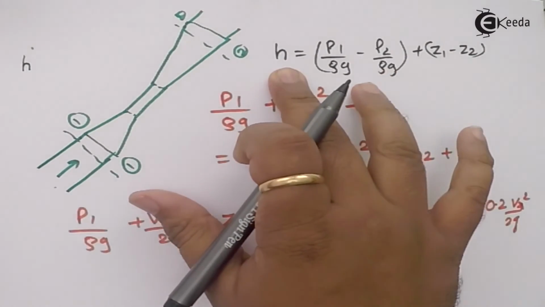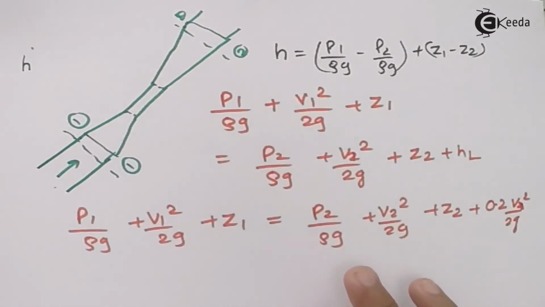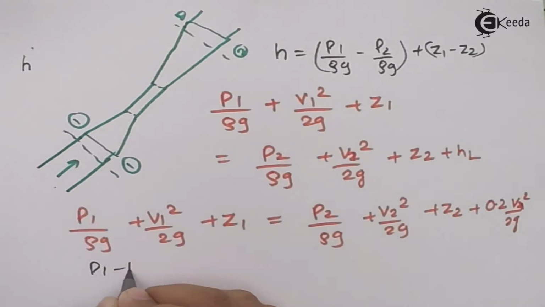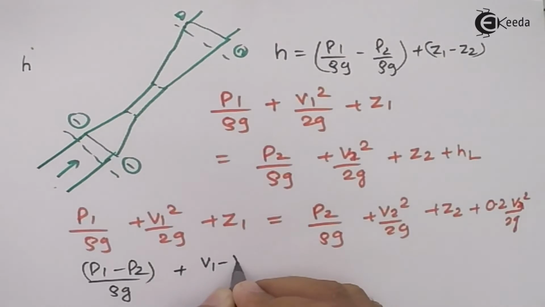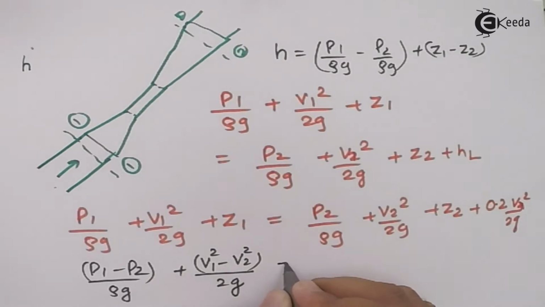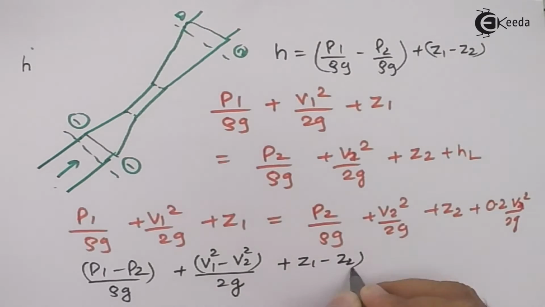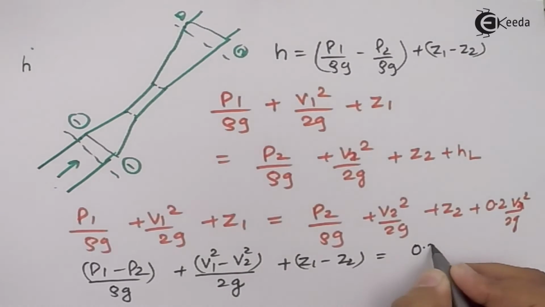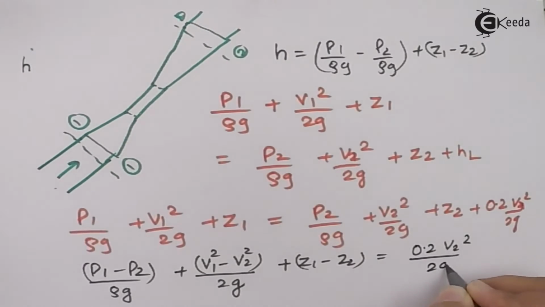That is the height in the manometer for this inclined venturimeter. So we can write this part as P1 minus P2 upon rho g plus V1 square minus V2 square by 2g plus Z1 minus Z2 is equal to 0.2 V1 square by 2g.